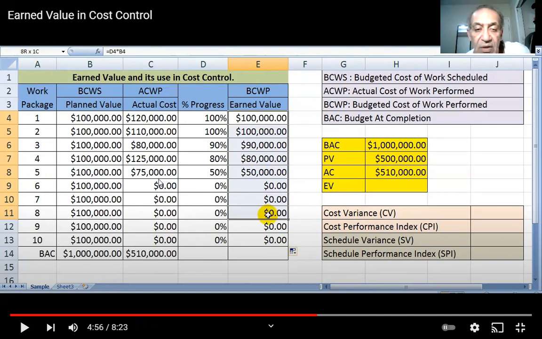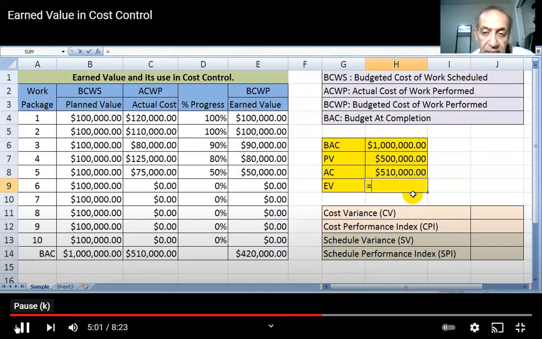Then all these come together. When you calculate them, let us see how much they are. The earned value for each of these work packages, so the total earned value in this case is 420,000, while the planned value was 500,000.